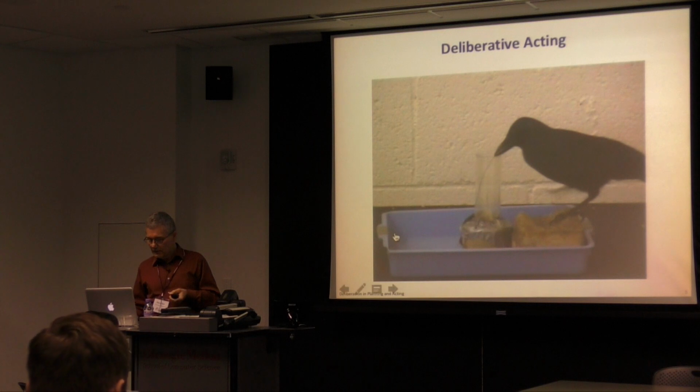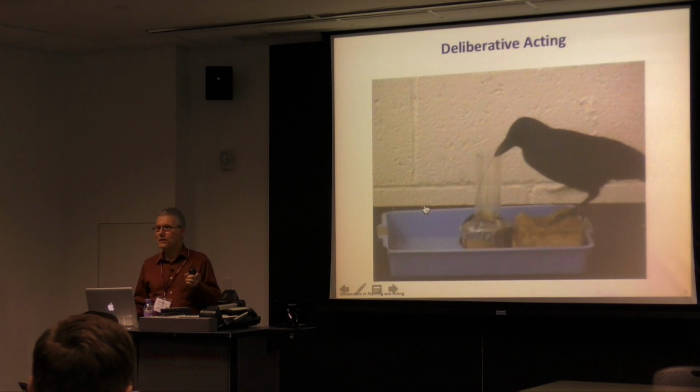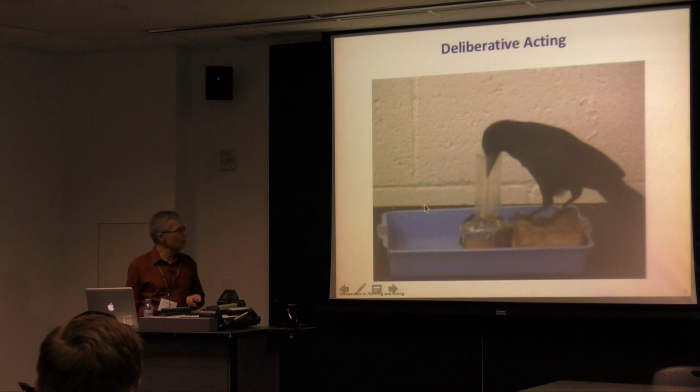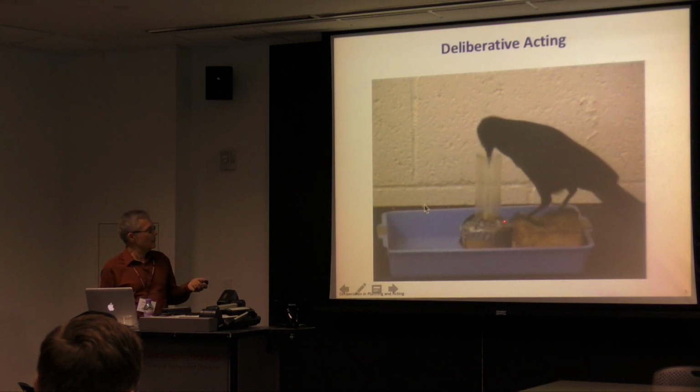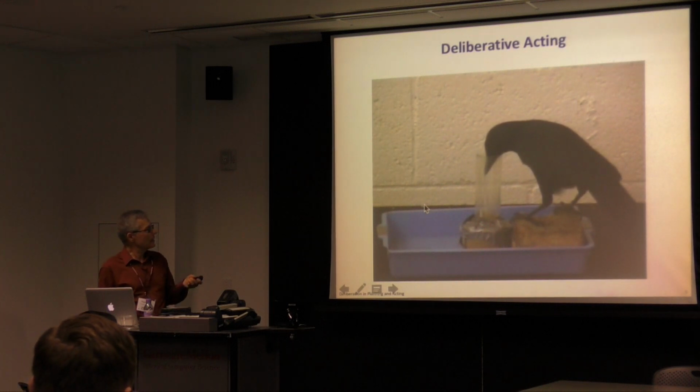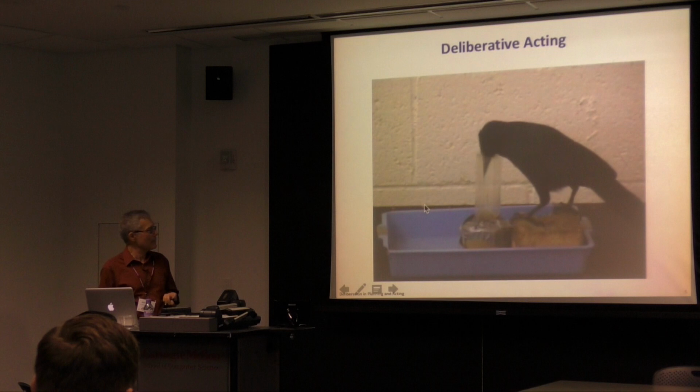Here is another thing. It's a demonstration of a case where treating acting as execution is not correct. This is a Caledonian crow trying to get to a bucket full of food that's down there at the bottom of that pipe. And it's using a piece of wire to try to grab it.